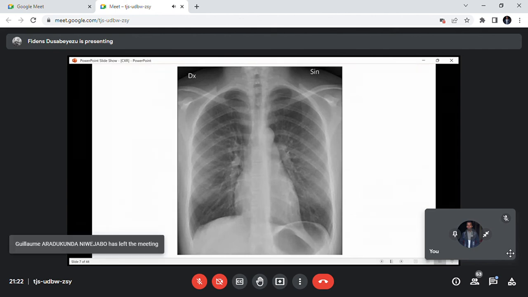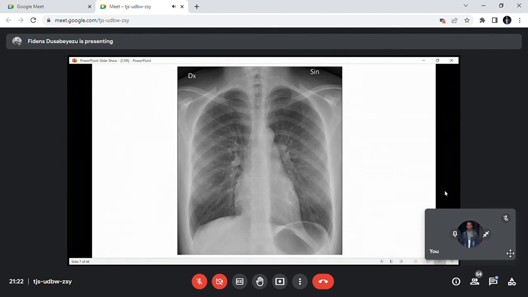Is there any opacity? Is there any reduction in size or volume? And you cannot finish looking at the lungs without checking the pleura. Normally, in a normal patient, the pleura cannot be seen because it's very thin.